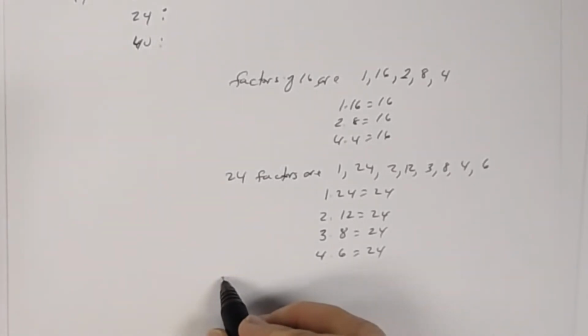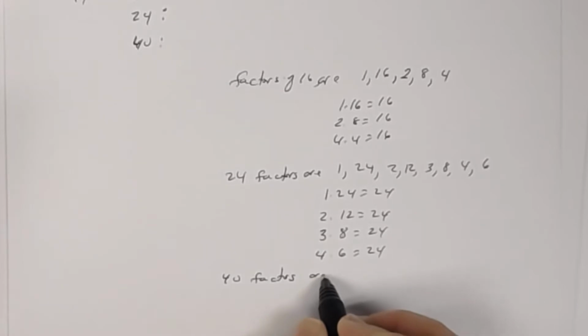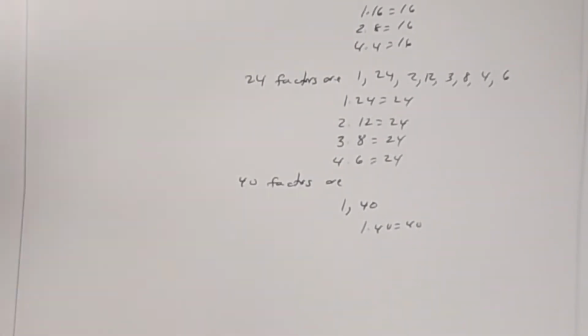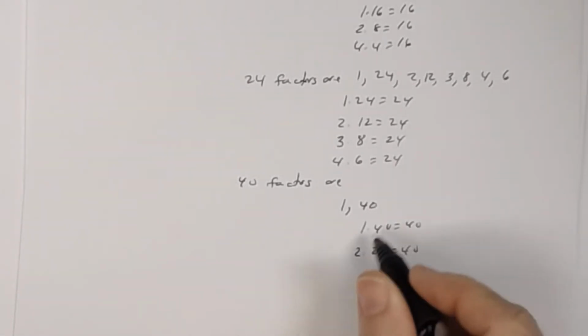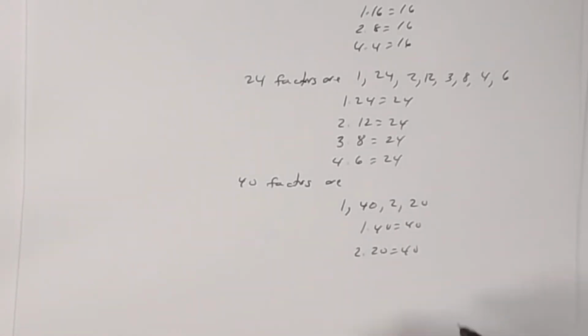Okay, so then we do the same thing with 40. So the factors of 40 are, and we do the same thing. 1 times 40 is 40. So 1's a factor of 40, 40's a factor of 40. 2 times 20 is 40. 2's a factor of 40, 20 is a factor of 40.